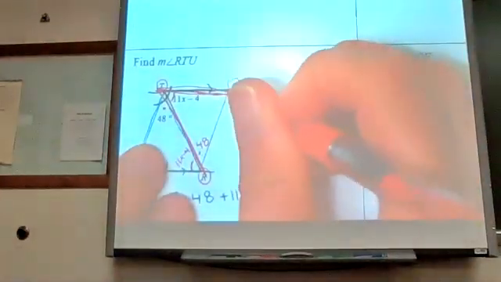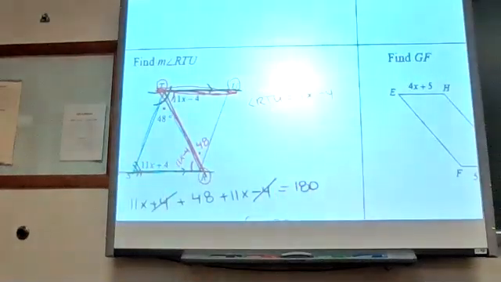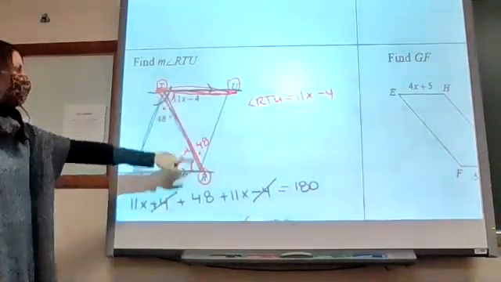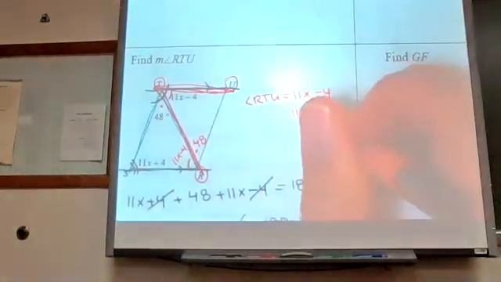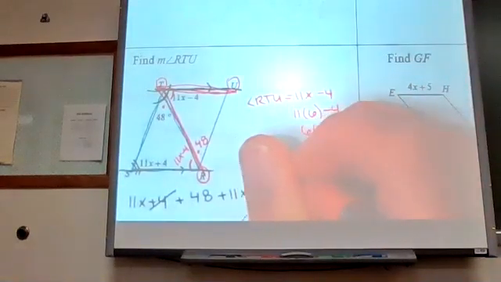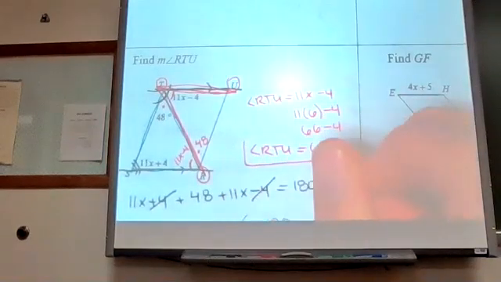So angle RTU equals 11x subtract 4. It's this angle right here. So now I know that x is 6. So I have 11 times 6 minus 4, or 66 minus 4. And angle RTU is going to equal 62.